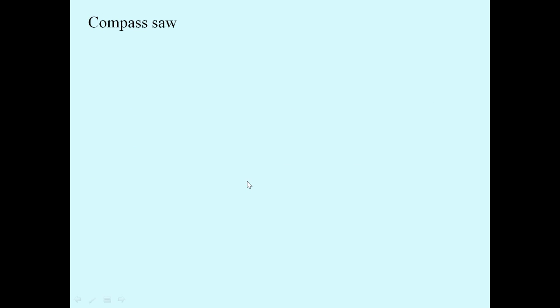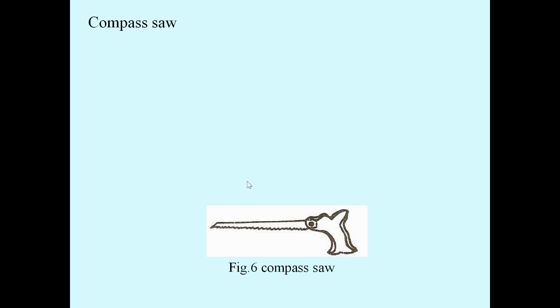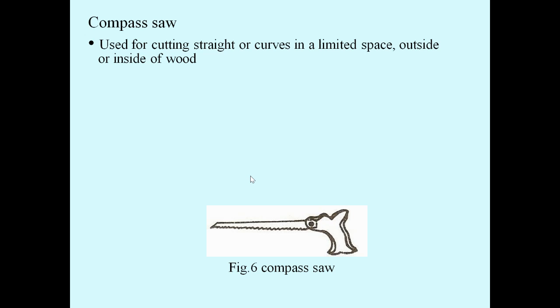Next one is the compass saw. You can see here the compass saw. It is used for cutting straight or curved within a limited space, either outside or inside of the wood.